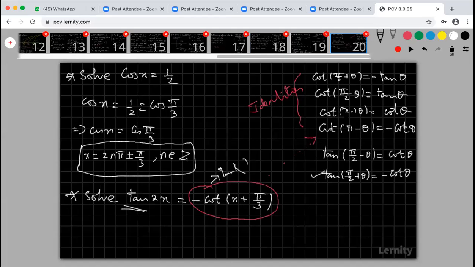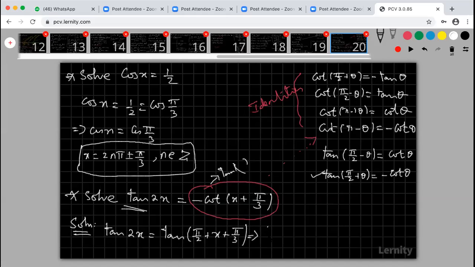But I'm going to write it as cot theta, minus cot theta can be written as tan of pi by 2 plus theta. So therefore, I'm going to write it as my tan 2x is equal to tan of pi by 2 plus theta, where theta means the entire thing, x plus pi by 3.